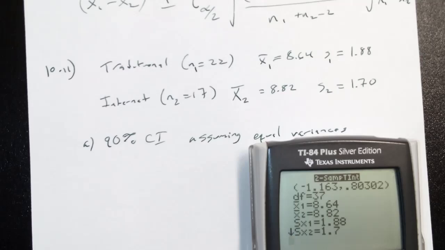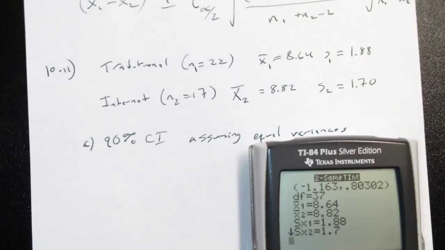And if zero is in the middle, then the true difference between these two, I'm at least 90% confident is in here, it might as well be zero. Are these results statistically different from one another? No. In this group of 22 and this group of 17, there's really no difference as to how they did on this test based on this set of data.